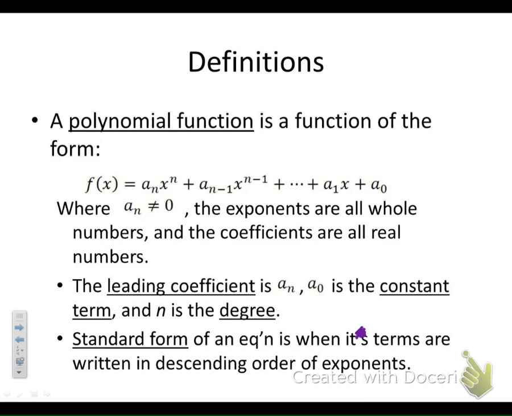An example of standard form would be an x to the 4th term, then an x to the 3rd term, then an x to the 2nd term, then an x term, and then a constant term. Those powers have to be in descending order.